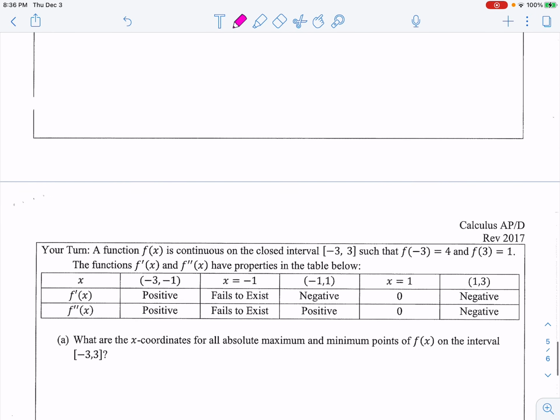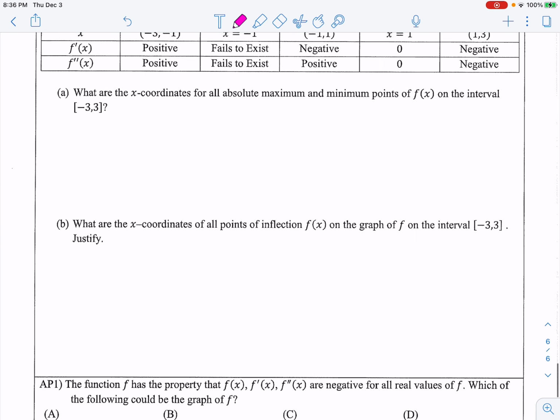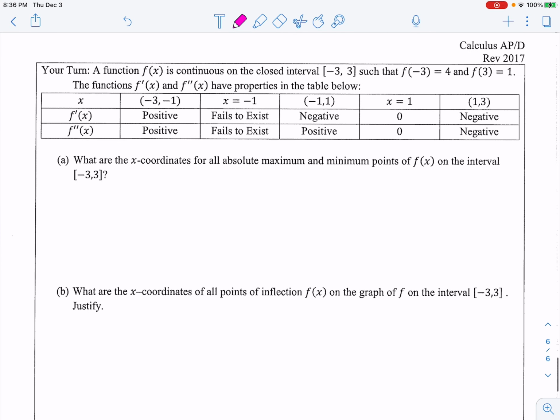All right. Here's another one. Same thing. You got to draw the picture. All right. -3 to 3, and it doesn't tell me anything else. So on the interval from -3 to -1, your first derivative is positive, so it's increasing, and it's concave up.